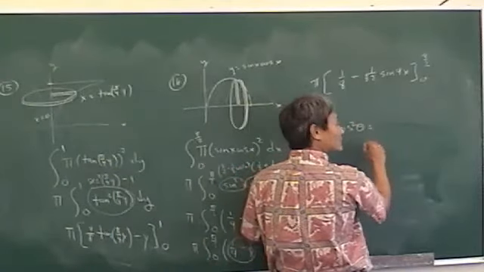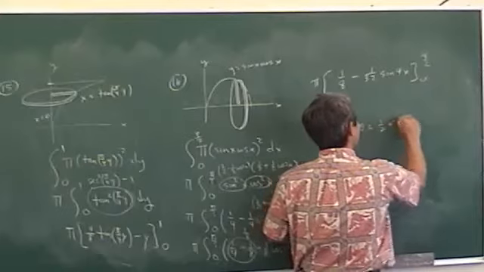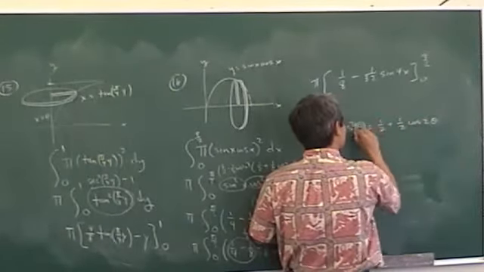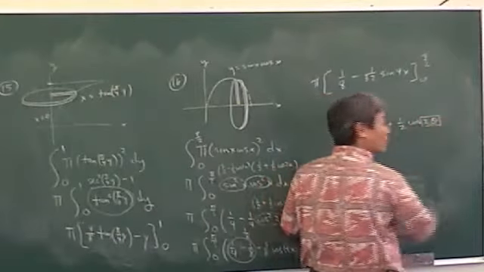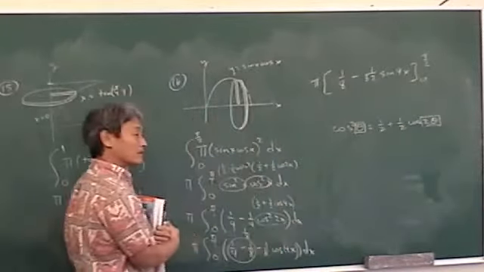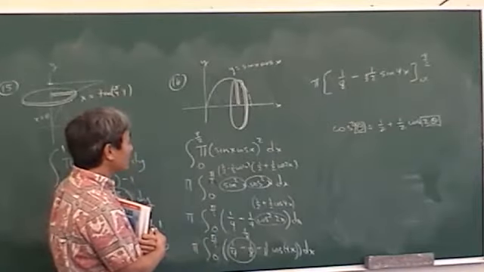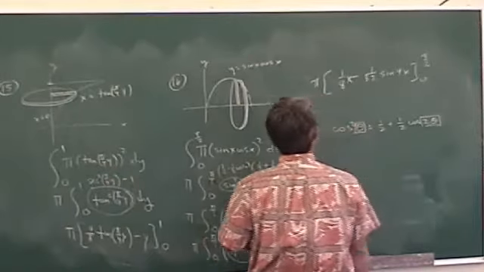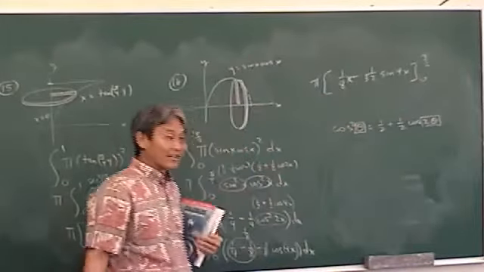What's the identity for cosine squared theta? 1/2 plus 1/2 cosine 2 theta, right? So whatever this is, this is 2 times that. So since that's 2x, then that's going to be 4x. Yeah, there's an x right there. Just look at the video, guys.